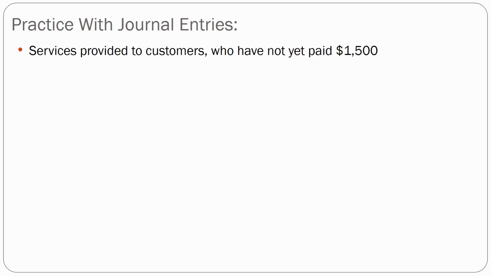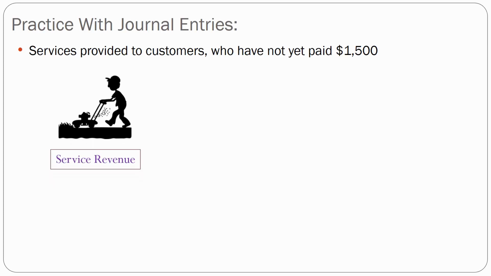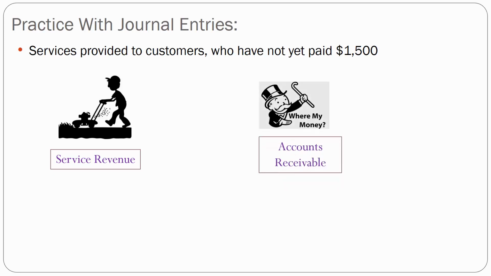Next, services provided to customers who have not yet paid $1,500. So now we've provided the service, and we get to count it as revenue, even though they haven't paid us yet. When somebody owes us money, that's accounts receivable. Service revenue is a revenue account, and it's increasing because we provided services.